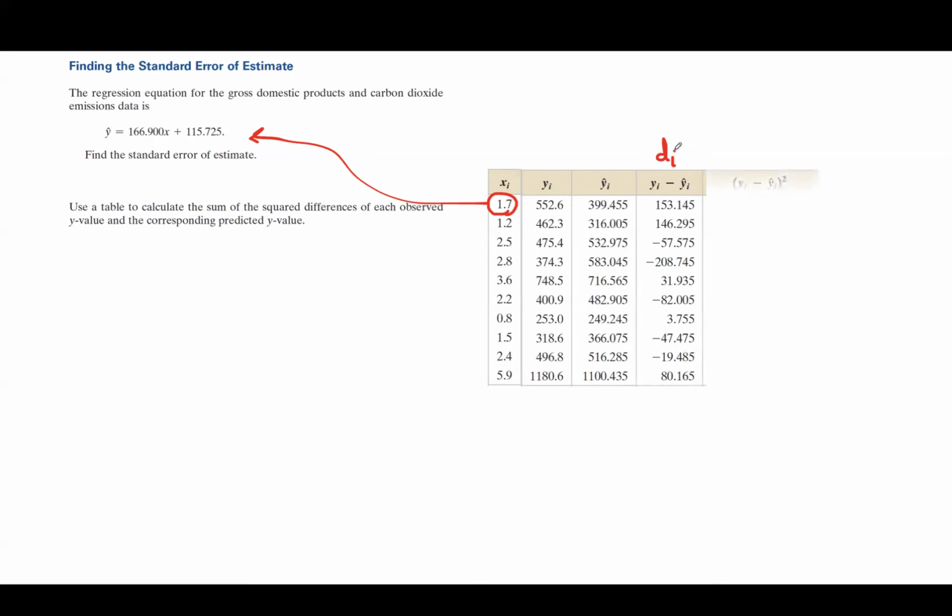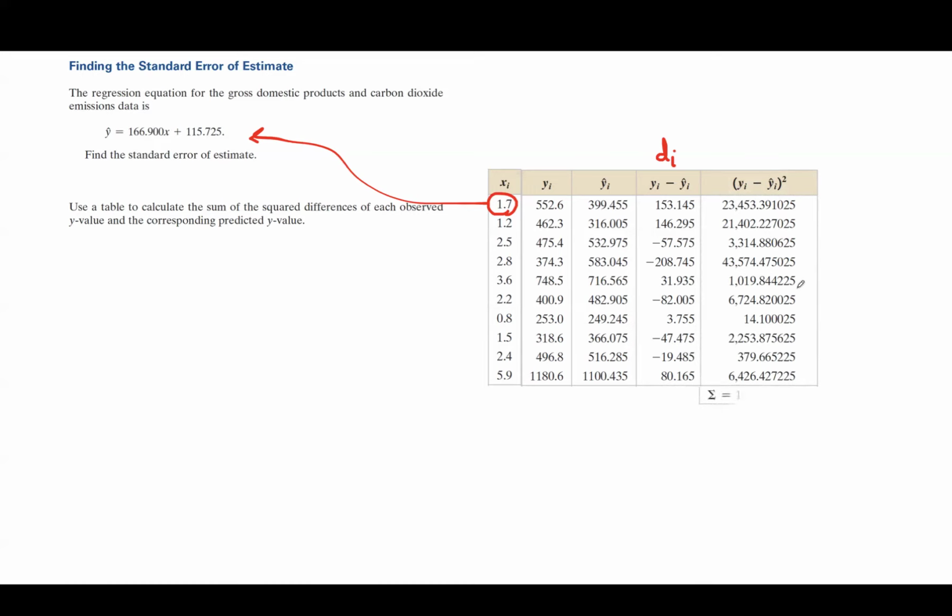Now, calculate di squared and then add them all together. When you add all of these numbers together, this is the value that goes on the fraction on top in your numerator and is equal to 10. We found the summation of the residual squared following the formula for the standard error of estimate.